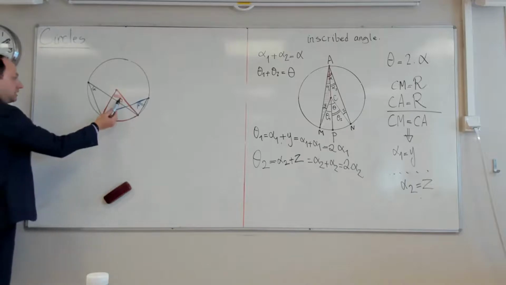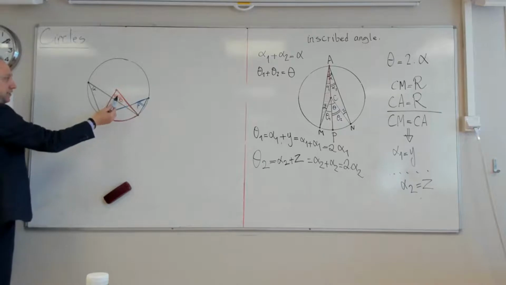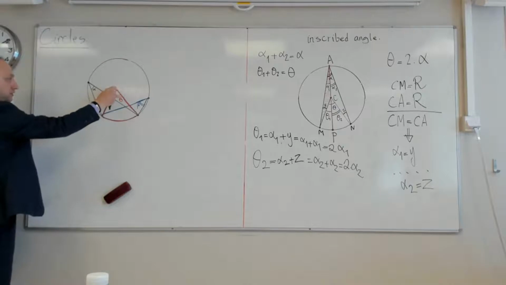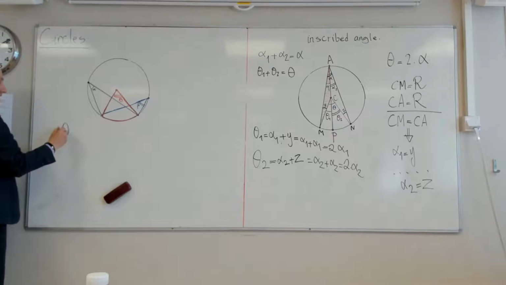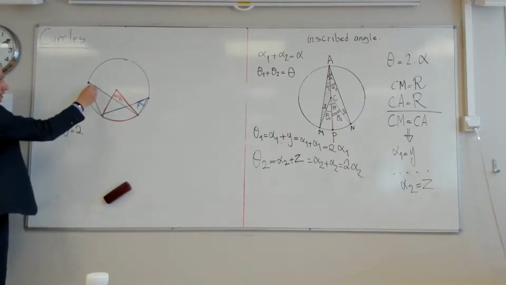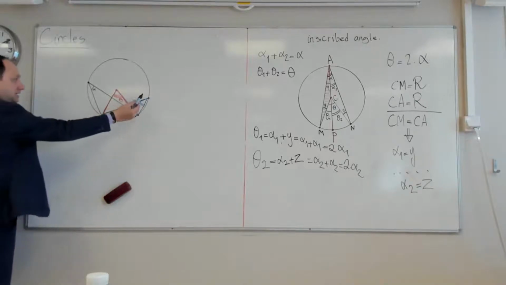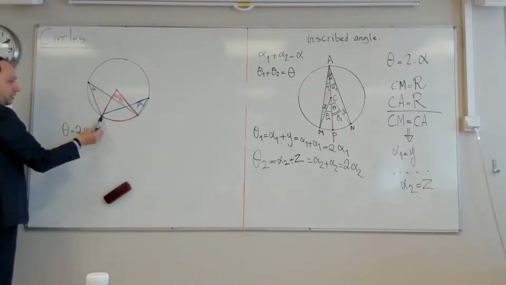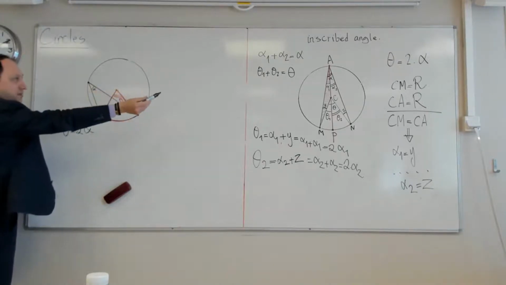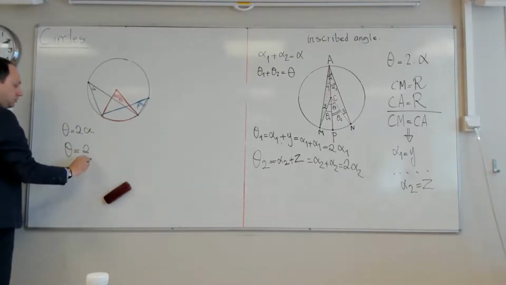Now, what is the relation between theta and alpha? We just learned: if I have a central angle and an inscribed angle, both of them subtending the same arc, the size of the central angle is 2 times larger than the size of the inscribed angle. But this blue one is also an inscribed angle opposite to the same arc. So again, the same theorem makes me write this: theta is equal to 2 times beta.